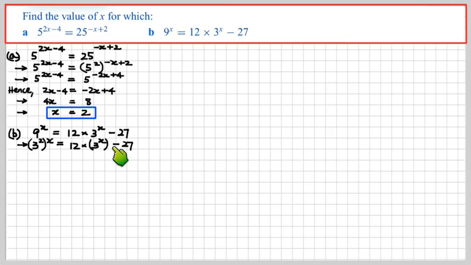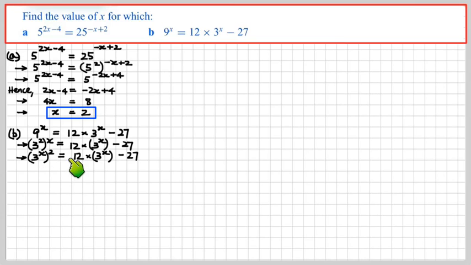Now, what I'm going to do here is a little switcheroony. I've got 3 to the x in a bracket there. Well, I really want 3 to the x in a bracket over here. So I'm just simply going to, watch, it's like the pea and thimble trick. I'm going to put the x in there and the 2 out there, and you watch. How sweet it is.